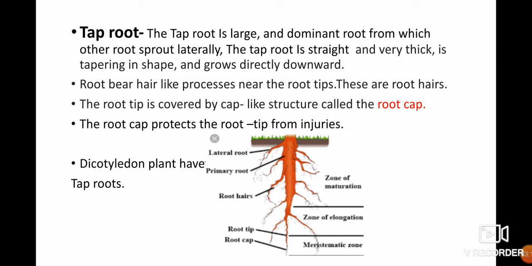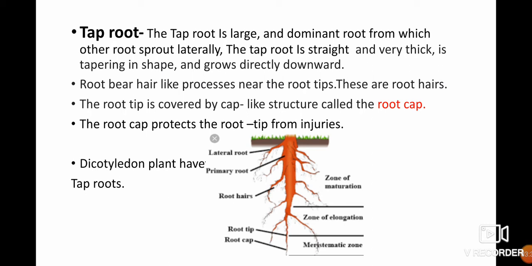The taproot is a large and dominant root from which other roots sprout laterally. See the middle part you are observing, that is large and dominant, and the other roots you are observing grow laterally. The taproot is straight and very thick, tapering in shape, and grows directly towards the soil.